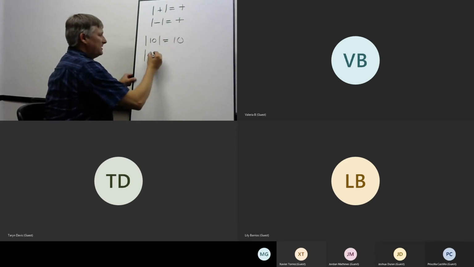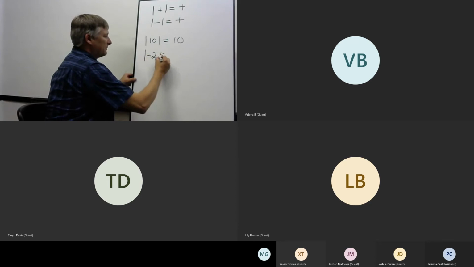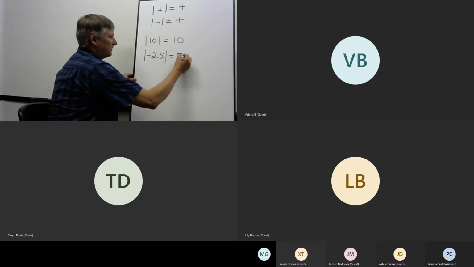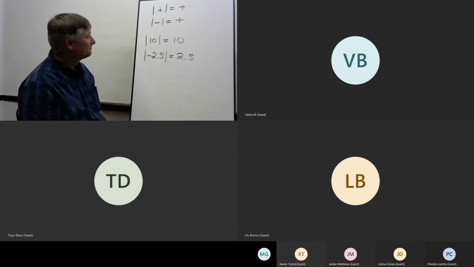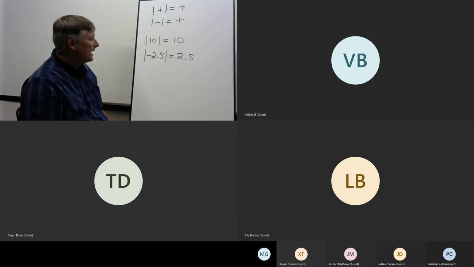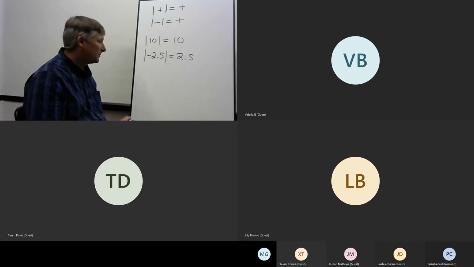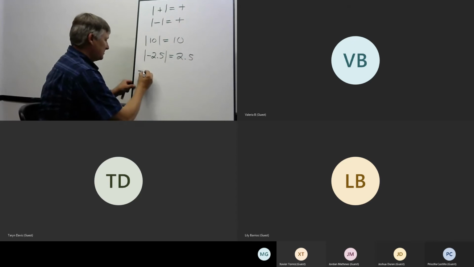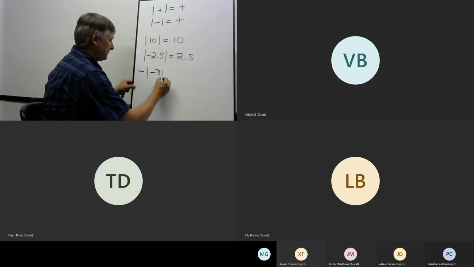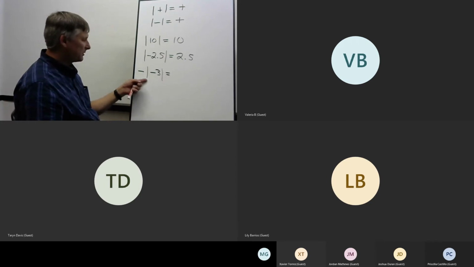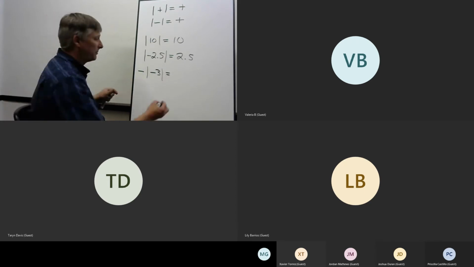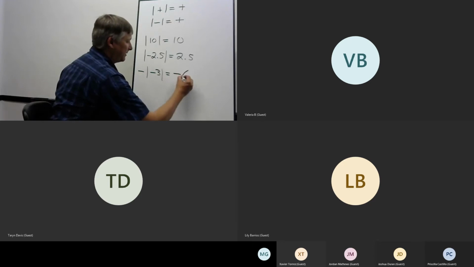Take the absolute value of negative 2.5, we'll get positive 2.5. And you can play some games with this. For example, you'll see this sometimes. The negative of the absolute value of negative 3. Well, this right here is just going to be positive 3.